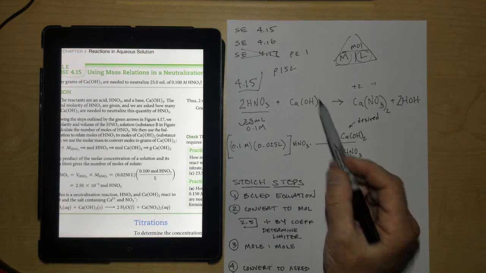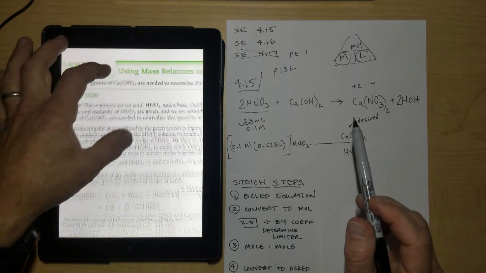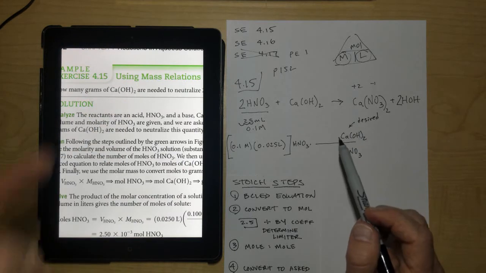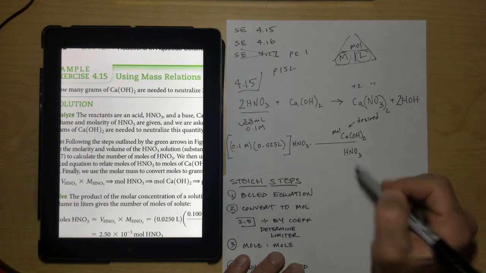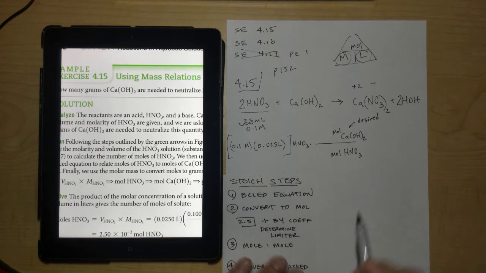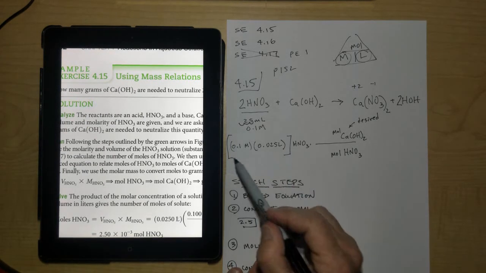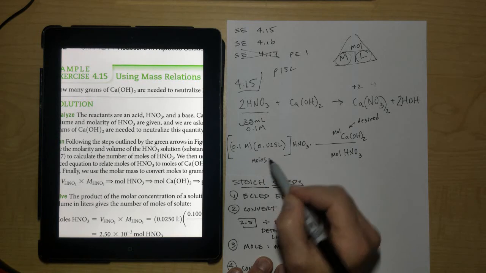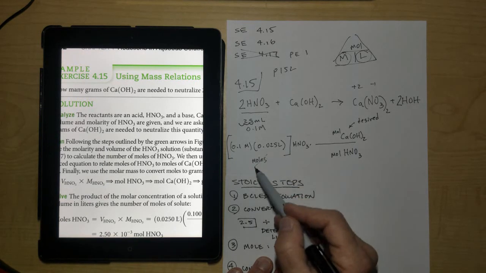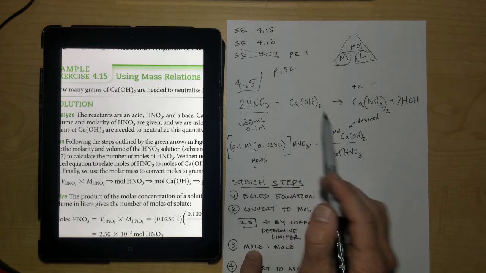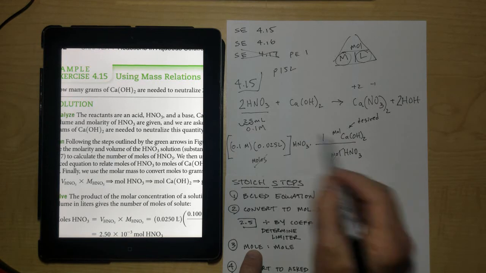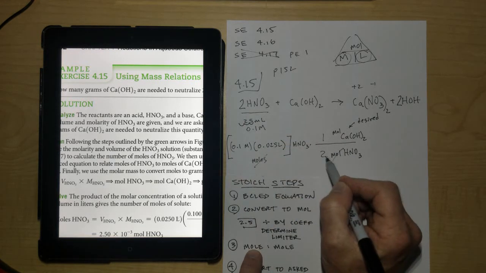The question asks for grams of Ca(OH)2. I can't get to grams yet, but I can get to moles of Ca(OH)2 from moles of HNO3, because molarity times liters equals moles, so those cancel each other. The mole-to-mole ratio from the balanced equation: Ca(OH)2 has a 1 in front of it, HNO3 has a 2.